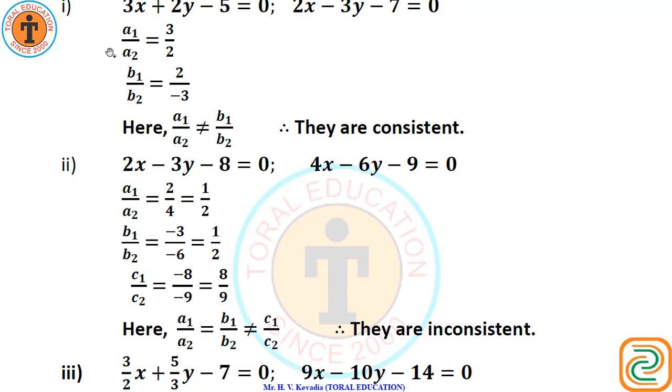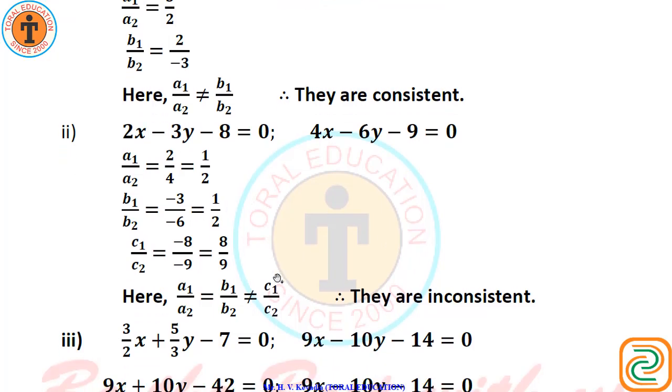We have taken only two things here, a1/a2 and b1/b2. If we get not equal, that means they are consistent. If both are equal, then we have to take c1/c2. So a1/a2 equals b1/b2 is not equal to c1/c2, that is, they are inconsistent.